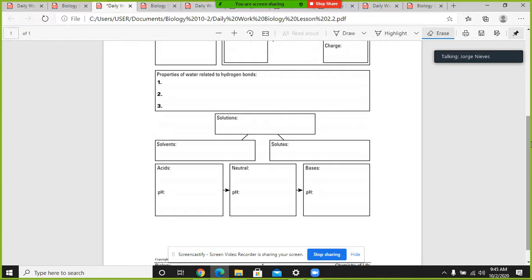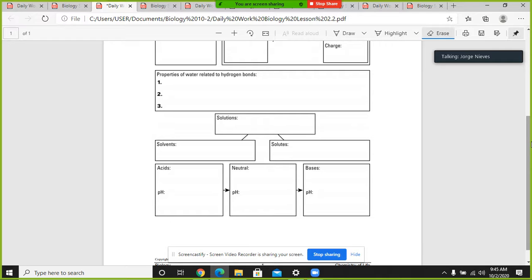Water. So that's what we're talking about, the property of water. Thank you, Grecia. We also talk about solutes. That is a substance present in lower concentration that is dissolved in solvents. So solvents are present in greater concentration than solutes, and the solvent is what dissolves the solutes. And the universal solvent is water.